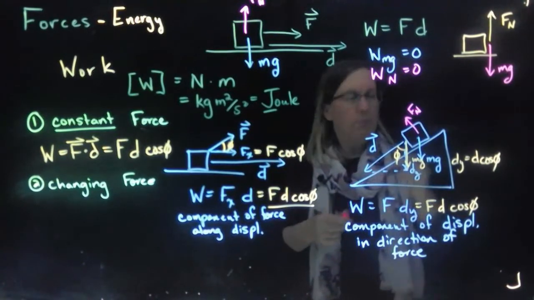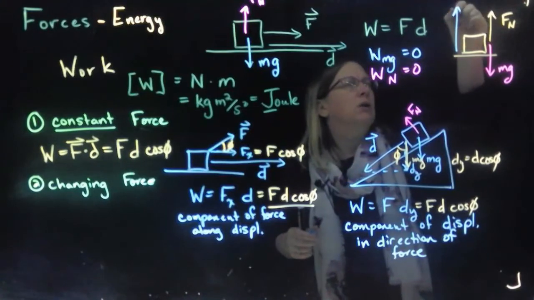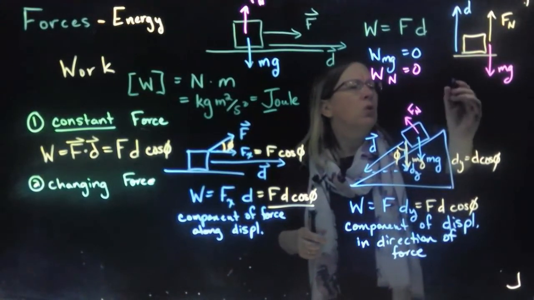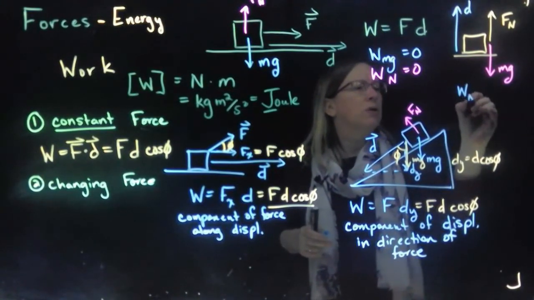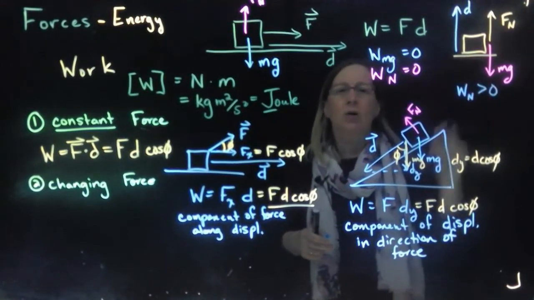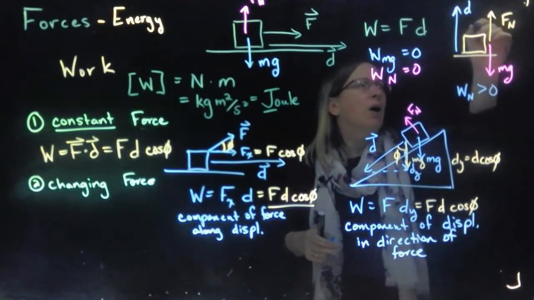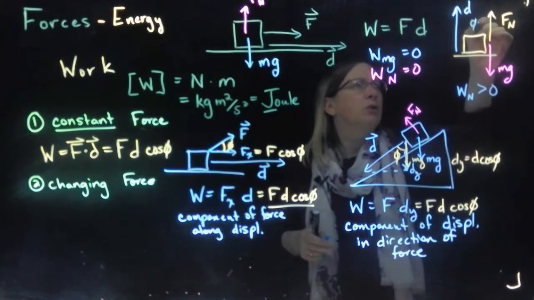So the work done by the normal force, if the displacement is up, in this case from your hand, is greater than 0 because these are lined up, and the angle between them, phi, is 0.